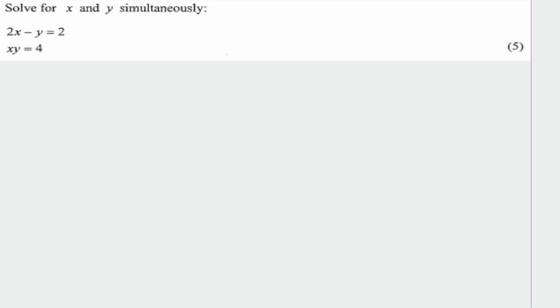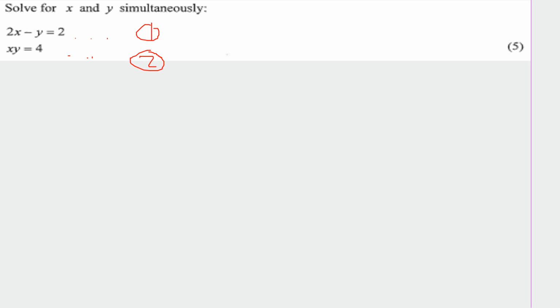Okay, so now let's move to solving x and y simultaneously. Here we have equation 1, and here we have equation 2. When you solve simultaneous equations, you check how you can make x or y the subject of the formula in the simplest way.